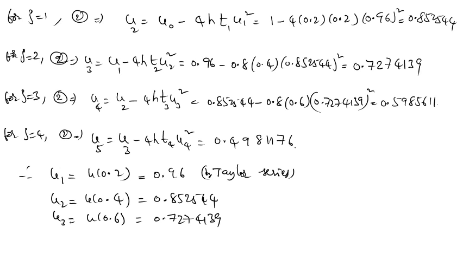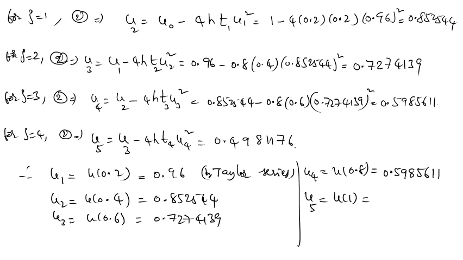Next value u4, I'm writing here, u4 is nothing but u of 0.8. This value is 0.59855611. And finally u5 is u of 1. This value is 0.49811176. This is one problem based on midpoint method.